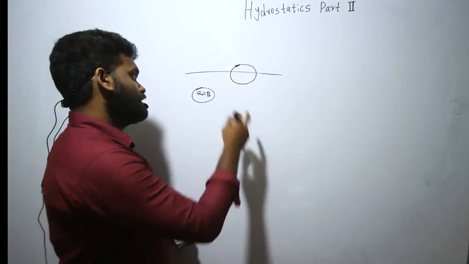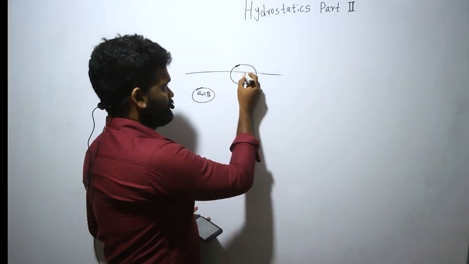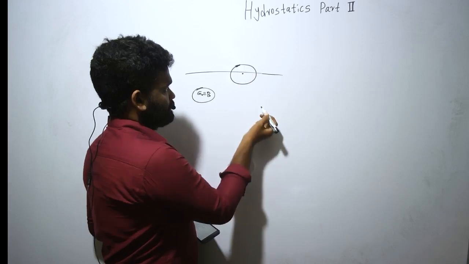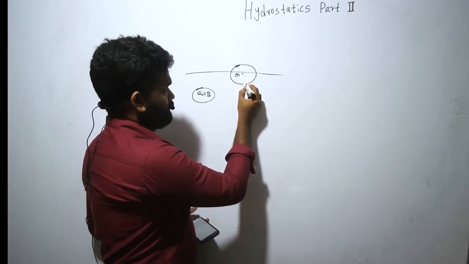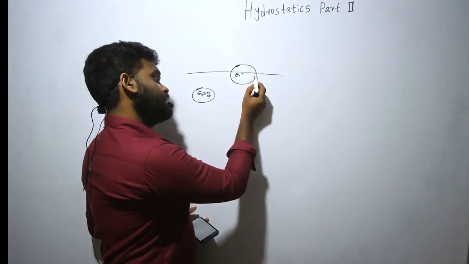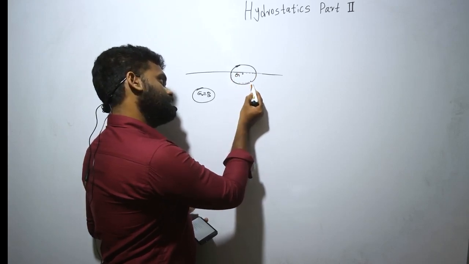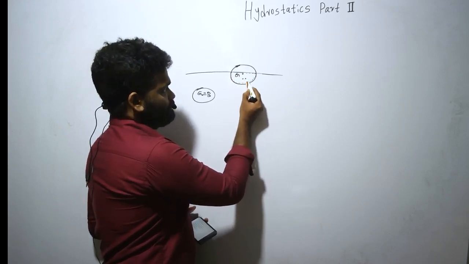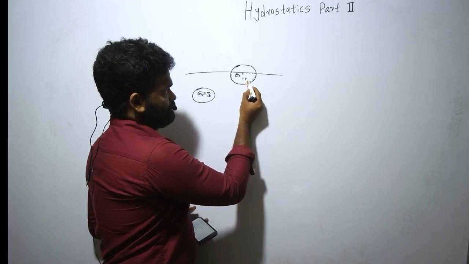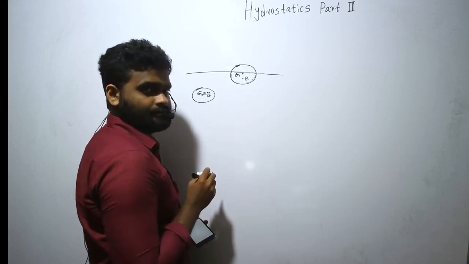The center of gravity could be somewhere here for the object, but the center of buoyancy is the center of the displaced liquid. This is the displaced liquid, so it is below now, B.